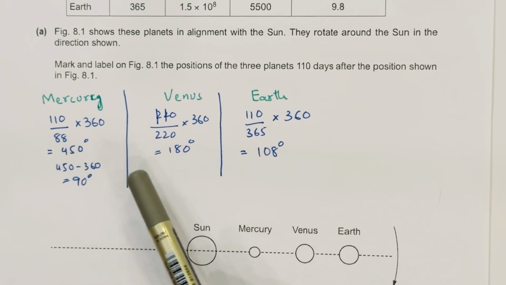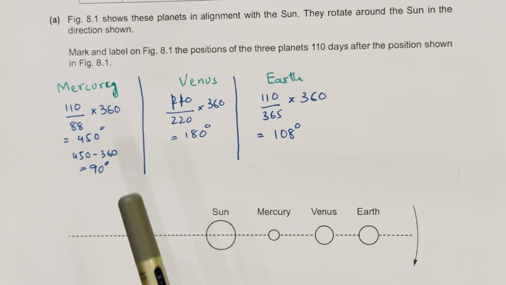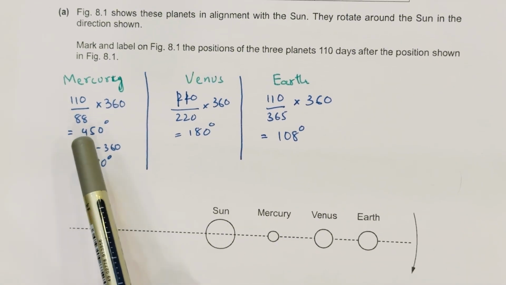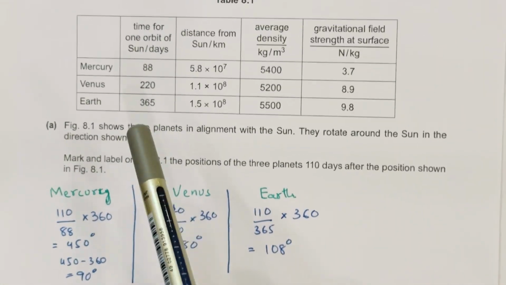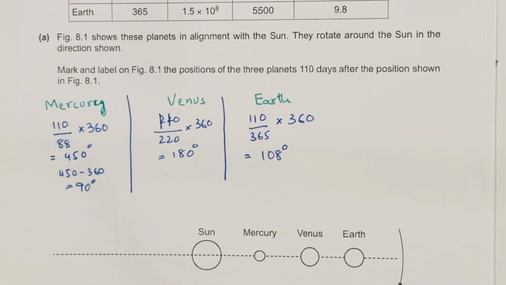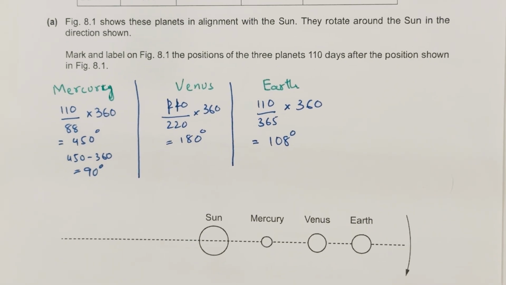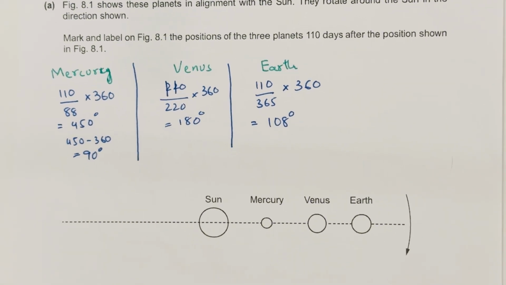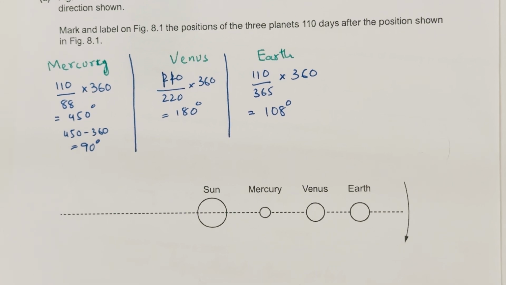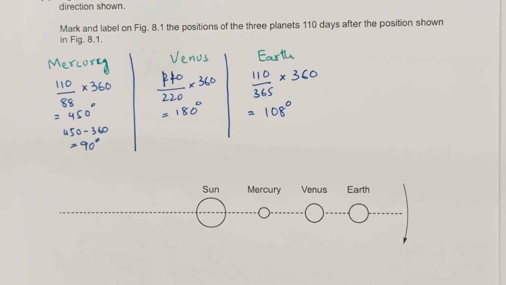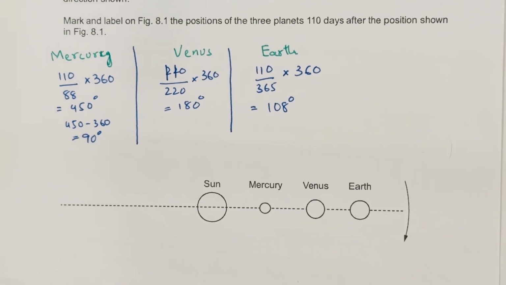So you can write, for calculating the position of Mercury, 110 divided by 88, that is the orbit time around the Sun, and then multiplying it by 360, you get 450. For completing the circle, you can subtract it, 450 minus 360, it would be 90. So you can draw the position of Mercury like that.